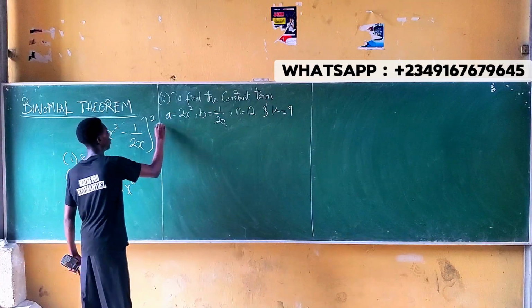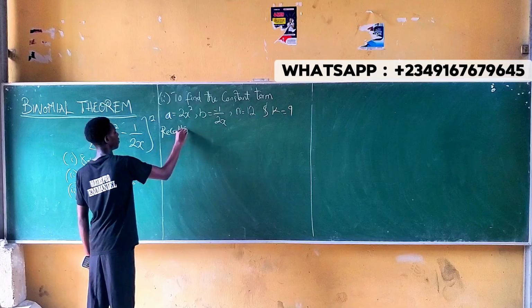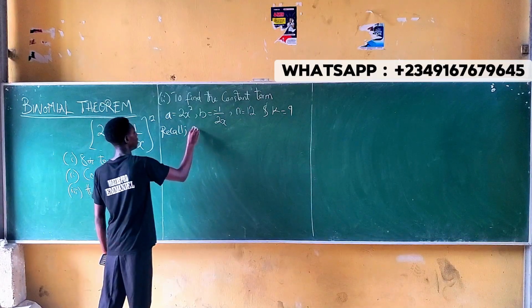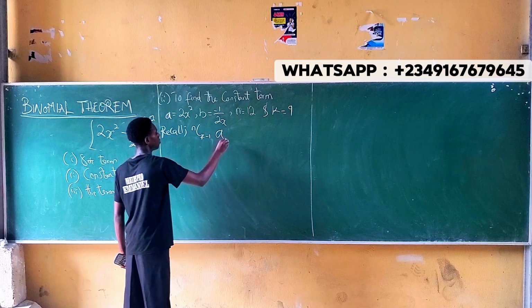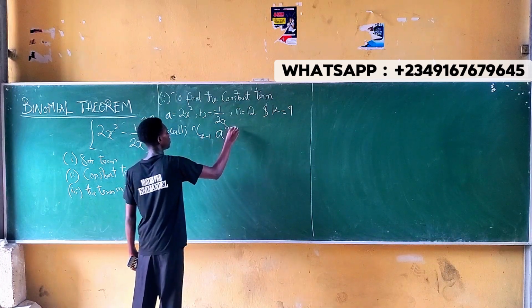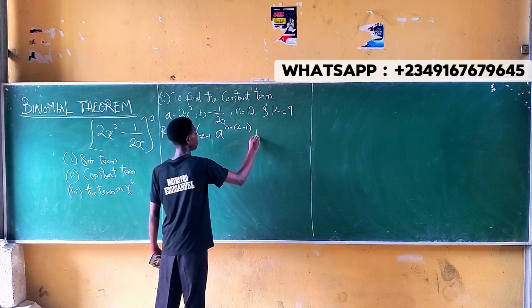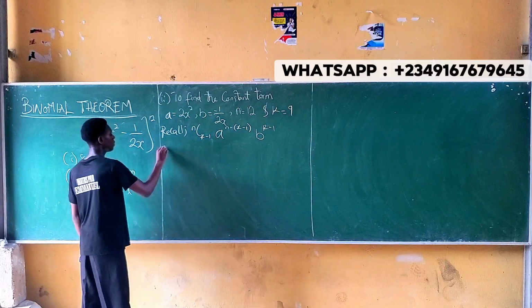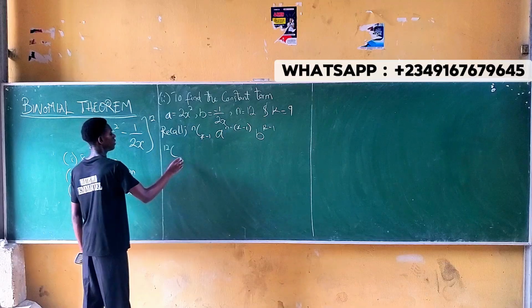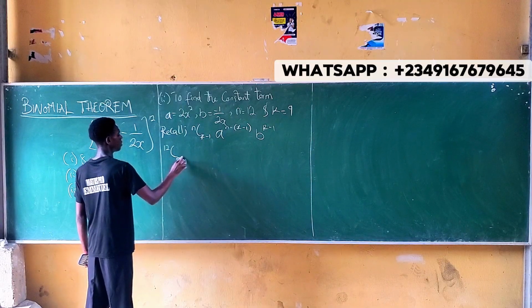Now you recall the formula that we have: n combination k minus 1, a raised to the power of n minus k minus 1, b raised to the power of k minus 1. Let's do it very quickly. Now I'll have 12 combination 9 minus 1.